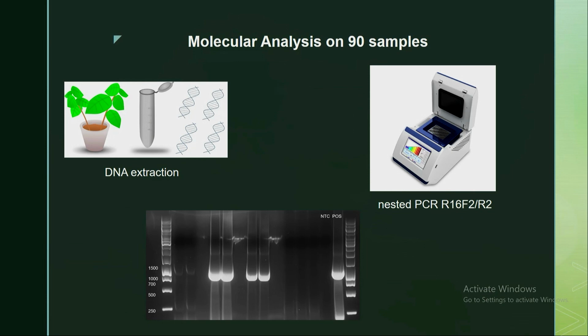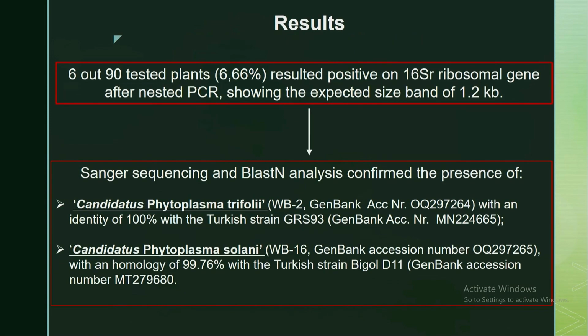Molecular analyses were carried out on 90 samples based on DNA extraction and nested PCR with universal primers F2/R2, and some of the samples were positive. In particular, 6 out of the 90 tested samples, so 6.66%, were positive after the nested PCR assay.